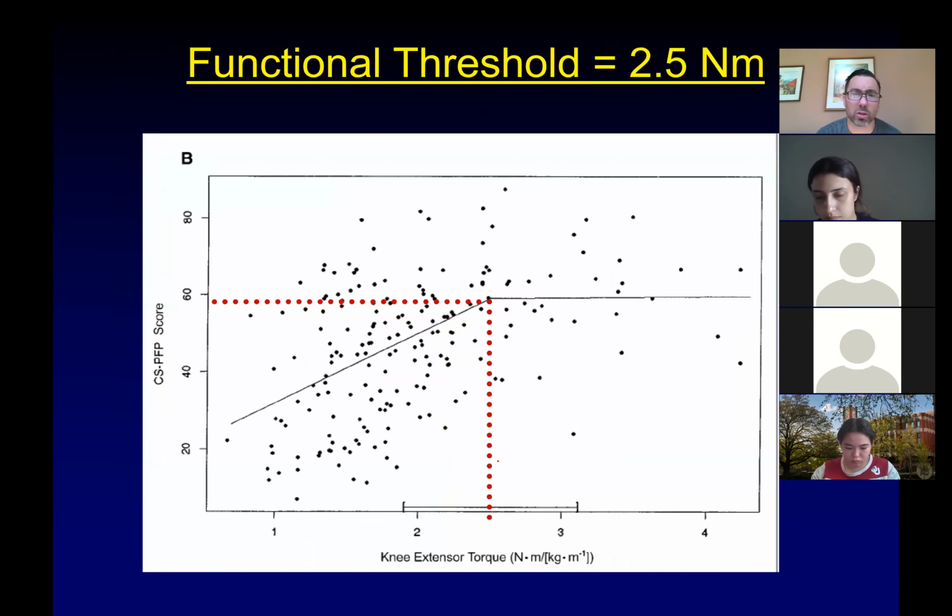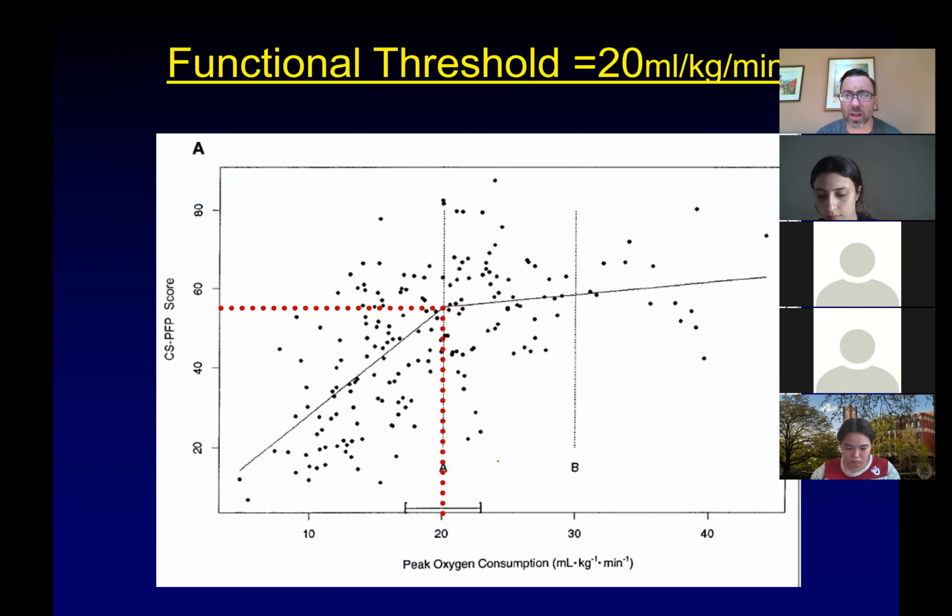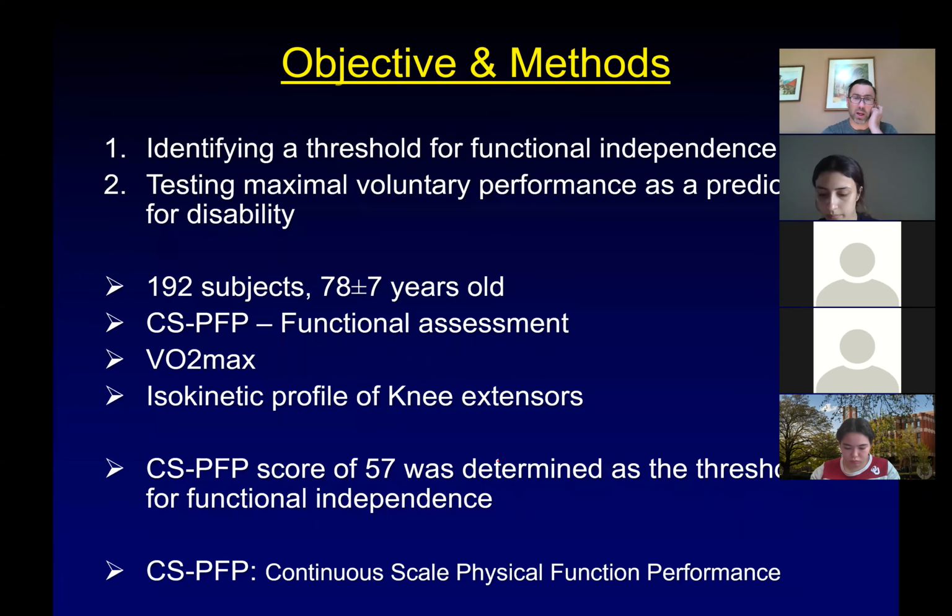Okay, so the last couple of things in here that I want you guys to be aware of is there are a lot of different ways, and people have spent a lot of time trying to come up with tests to figure out how well a person is doing as they age.